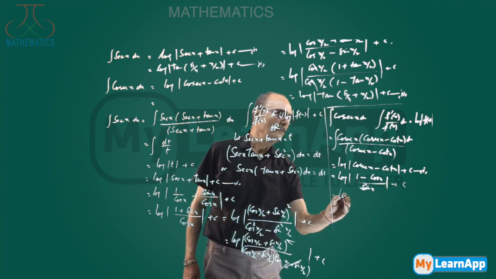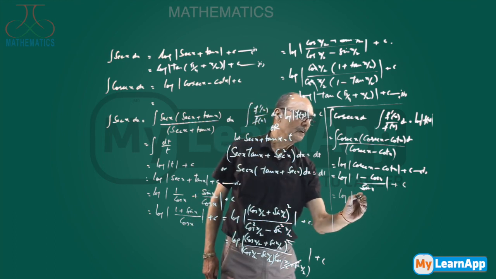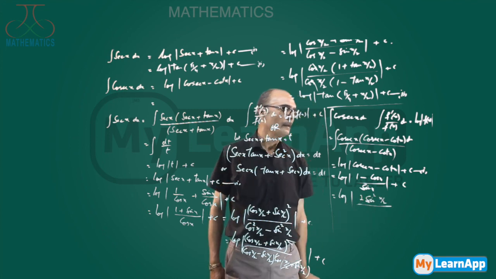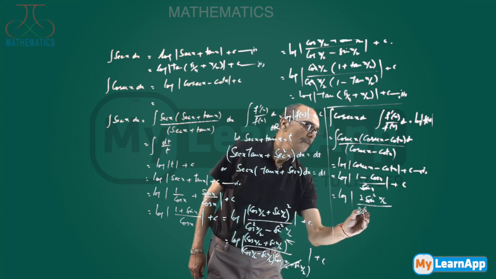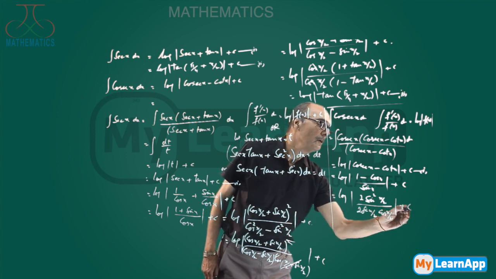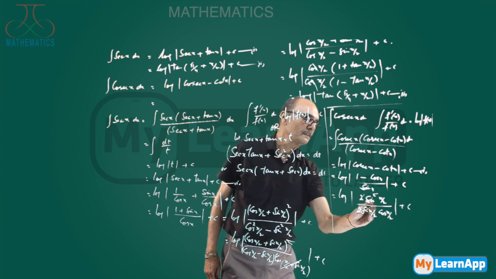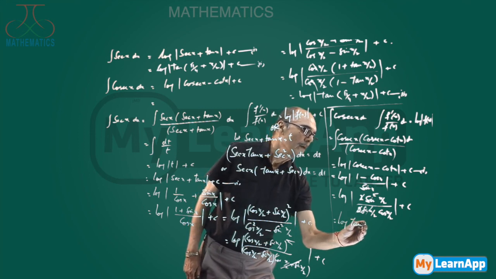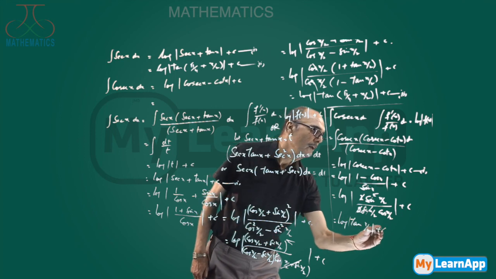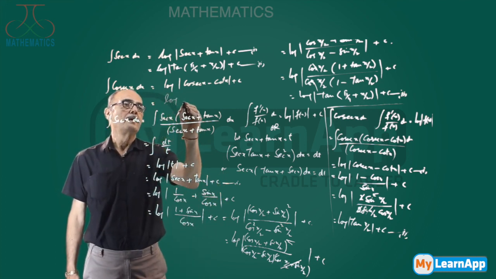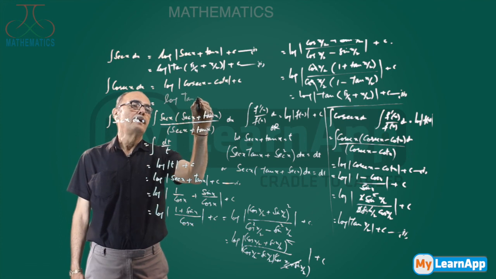The formula for this is log of, 1 minus cos x is 2 sin square x by 2, and sin x is 2 sin of x by 2 cos of x by 2, plus c. 2 gets cancelled with this, sin cancels one power of the square, and you are left with log of tan of x by 2 plus c, and this is the second form which I will put here: log of tan of x by 2 plus constant c.